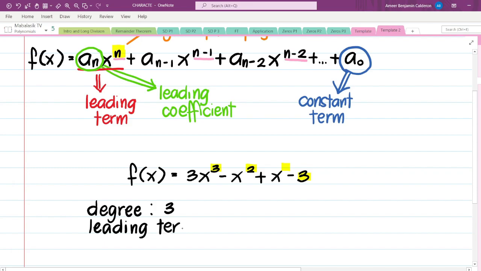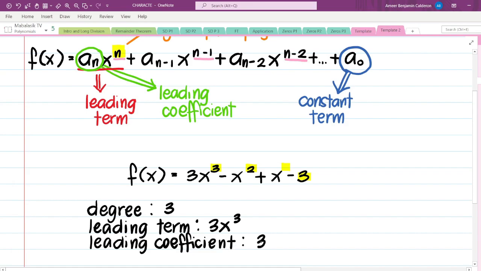Since our polynomial is already in standard form, the very first term is 3x cubed. That is our leading term. Our leading coefficient is the numerical coefficient of the leading term, so our leading coefficient is 3.